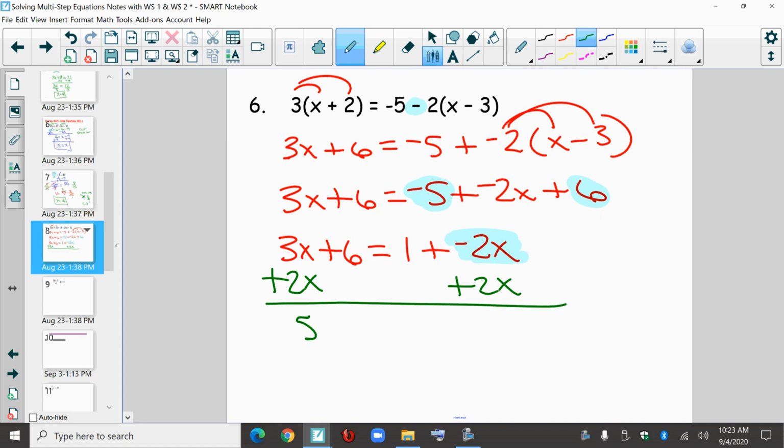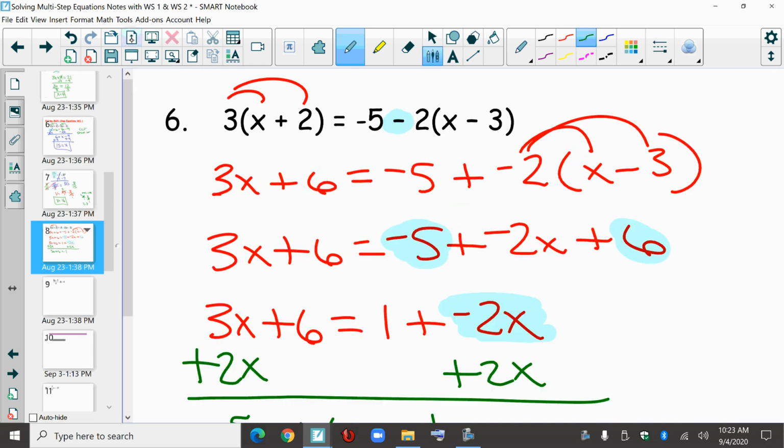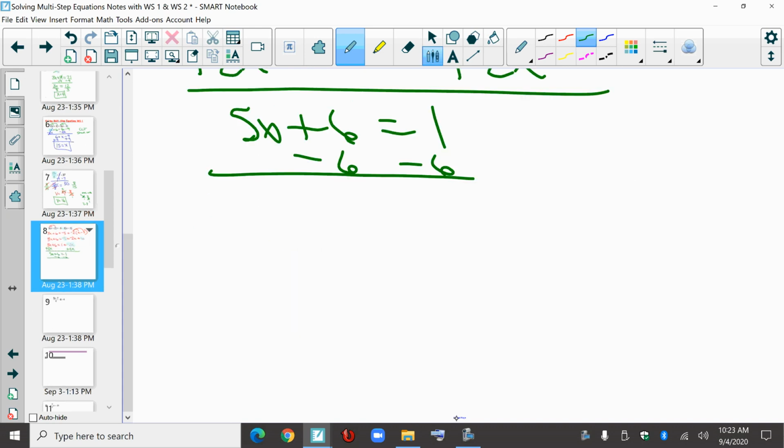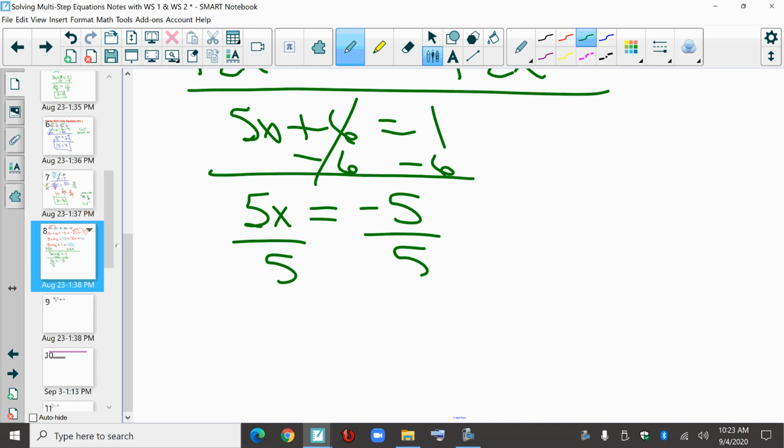So I'm going to have a 5x plus 6 is equal to 1. 5x plus 6, how do I get rid of that 6? I'm going to get rid of that 6 by subtracting 6 from both sides. So I have 5x is equal to a -5. Then we're going to divide both sides by 5 to get x is equal to -1.